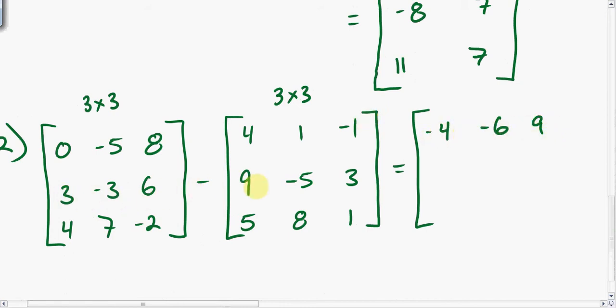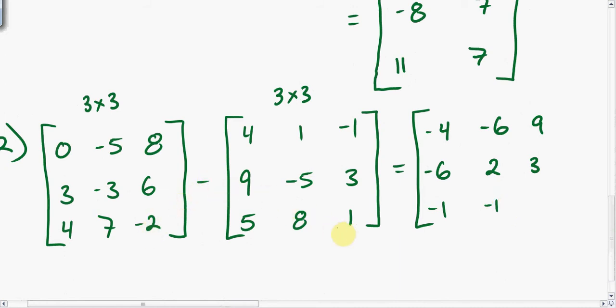Now let's work with the second row. 3 minus 9, that's negative 6. Negative 3 minus a negative 5, minus a negative is plus a positive, so negative 3 plus 5, positive 2. 6 minus 3, 3. 4 minus 5 is negative 1. 7 minus 8, that's negative 1.